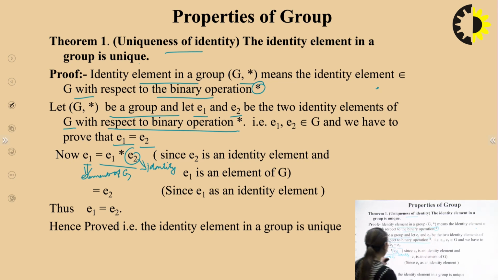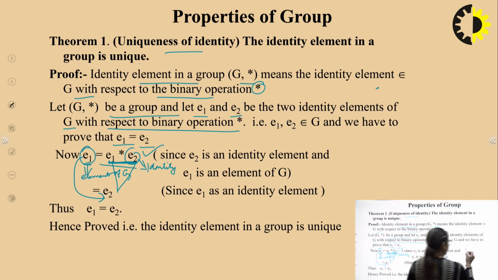If we consider E1 as the element and E2 as the identity, then this condition is satisfied: E1 operated with E2 will give E1, right? And similarly, if we consider that E1 is also an identity and E2 is the element, then we can get E2 from here. So here we can see that E1 is equal to E2.